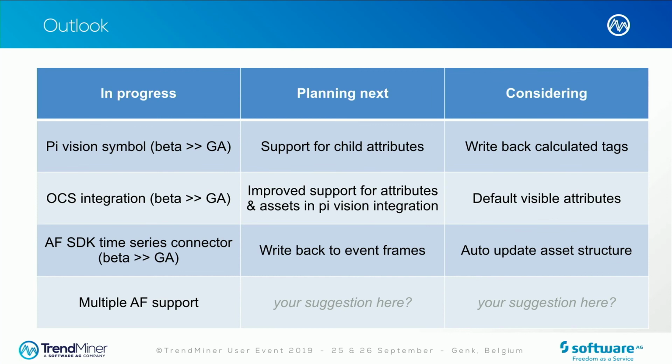So we're working on productizing further or making some of those things generally available, as you see in the first column. One of the things we're also working on is implementing multiple AF support to simultaneously connect to multiple AF databases, potentially in combination with a CSV-defined asset structure should you not have it set up fully.